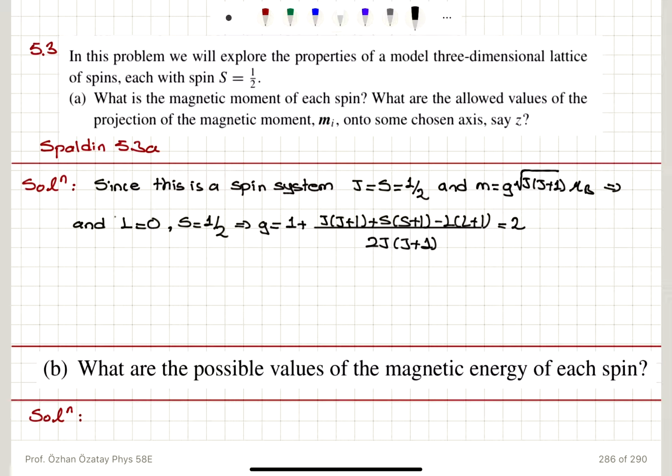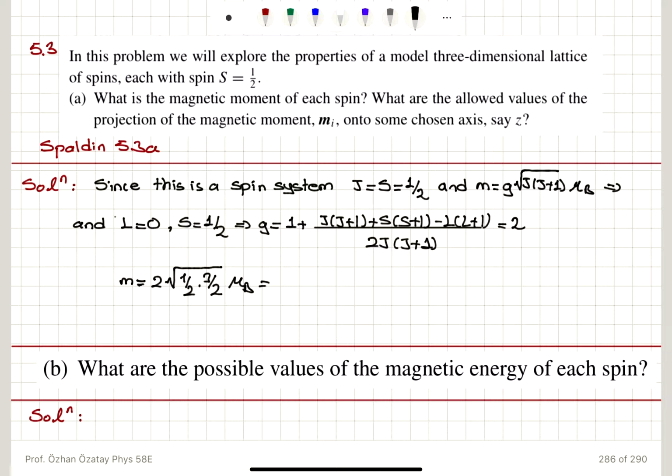Okay, so then the magnetic moment of each spin will have a magnitude m equals G lambda factor, which is 2 square root J plus 1, that is 1/2 times 3/2 Bohr magneton.